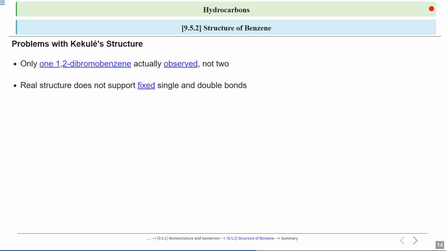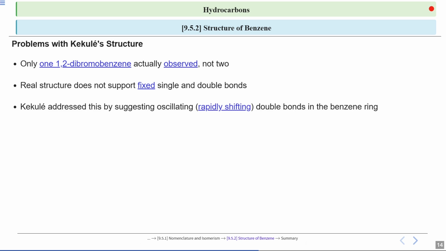In reality, benzene does not behave like it has fixed single and fixed double bonds. Instead, all the carbon bonds in benzene are of the same length, which means the structure doesn't support fixed bonds as Kekule suggested. This observation changed the original model.